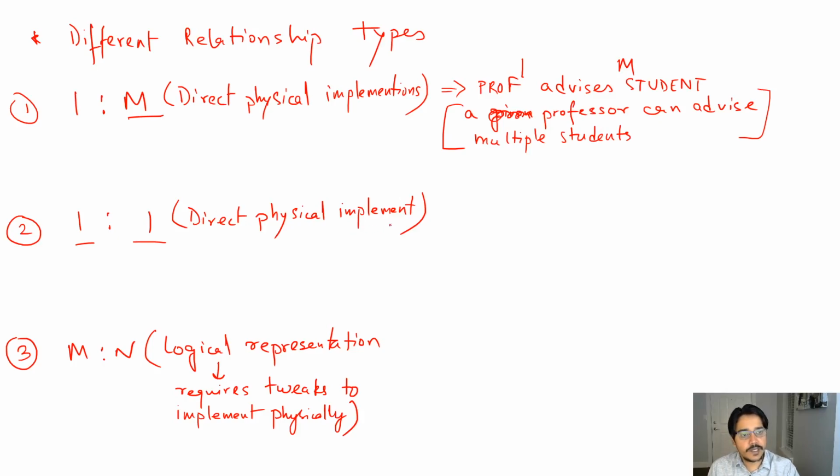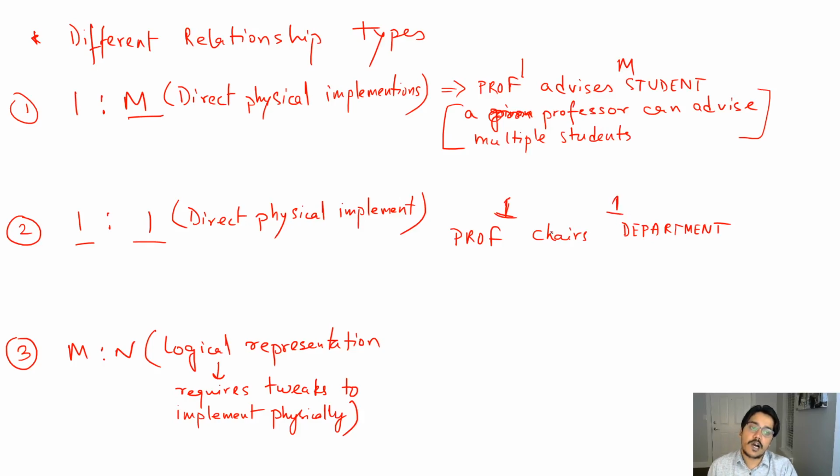Here we can say a professor chairs a department. Okay, so there can be only one chair for every department within the university, right? Any department, that is. So this relationship is 1:1.